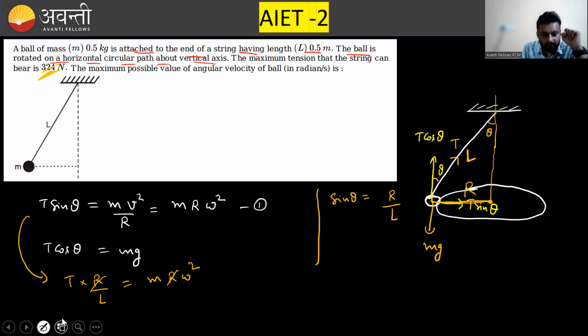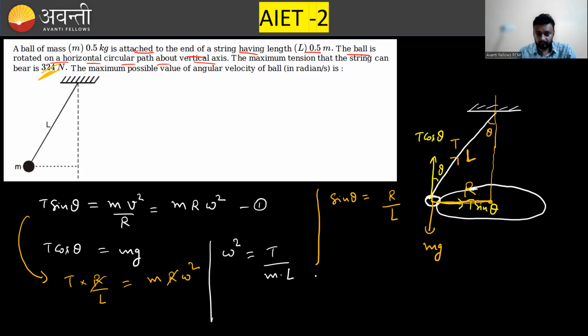So omega square can be written as T divided by m into L. T is the maximum tension, given as 324 Newton, divided by mass, which is given as 0.5, that is 1 by 2.